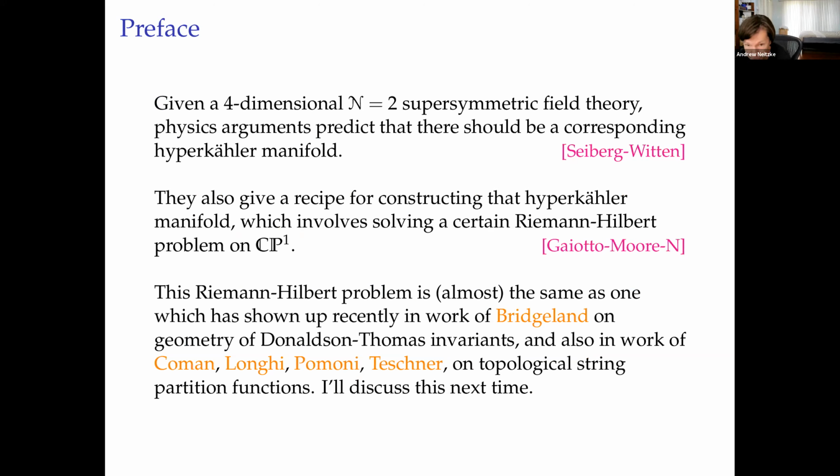And physics also predicts a recipe for how to construct that hyperkähler manifold. That recipe turns out to involve solving an interesting Riemann-Hilbert problem. Very roughly speaking, you're looking for functions on CP1 with some very particular analytic structure. And so that's the story I'm going to tell.